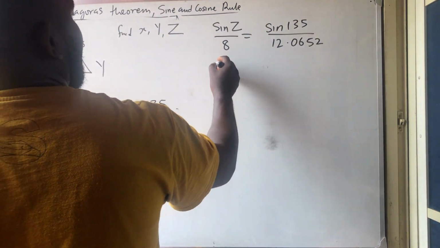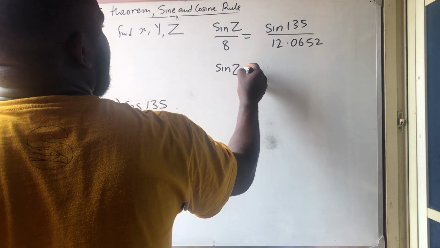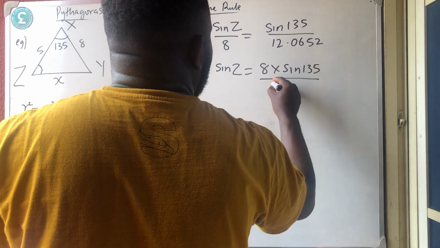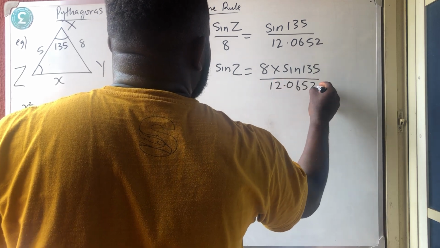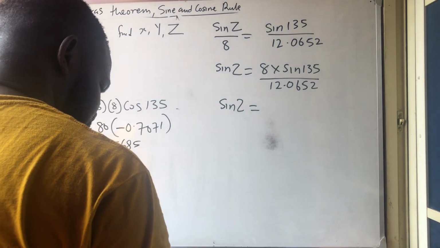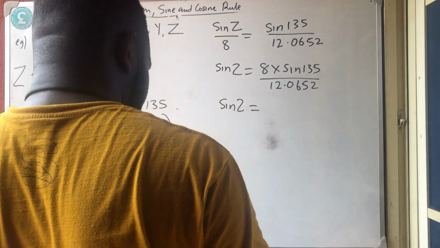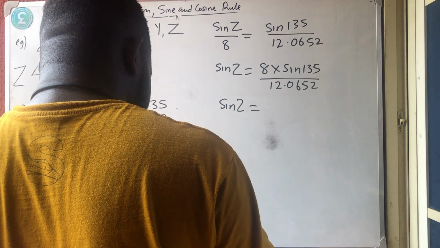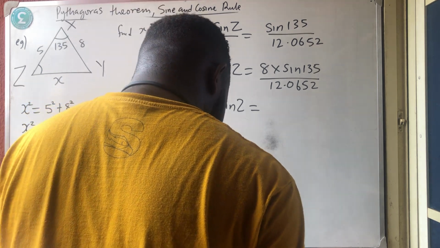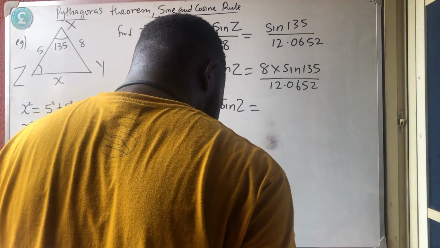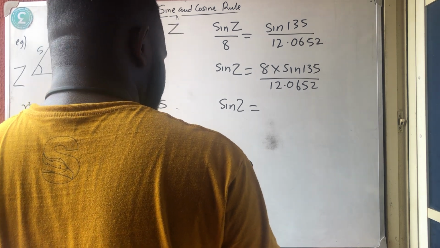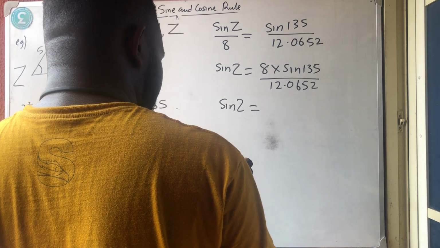So cross multiply to have that sine z will be equal to 8 times sine 135 divided by 12.0652.